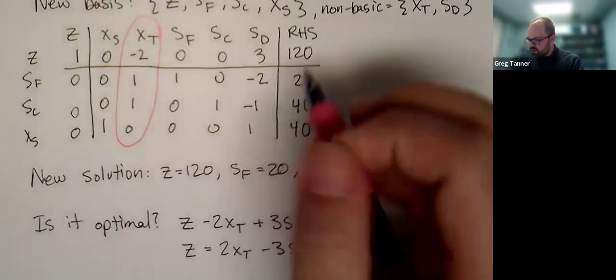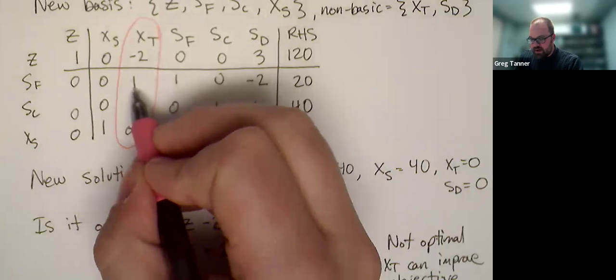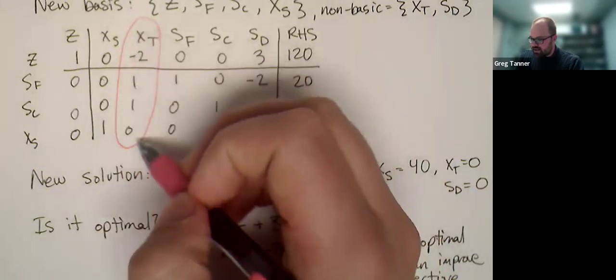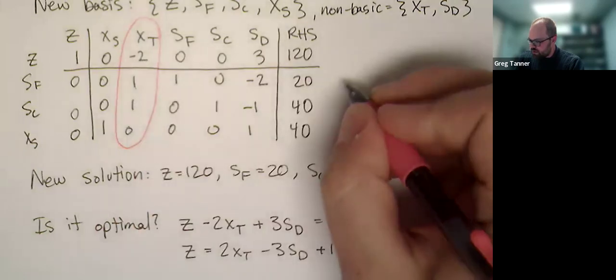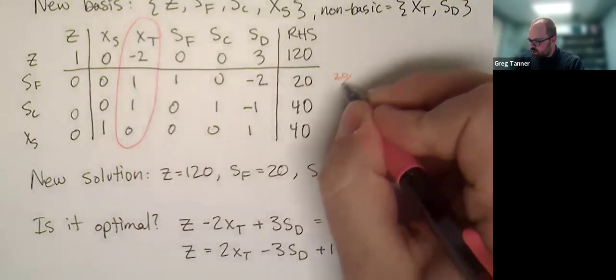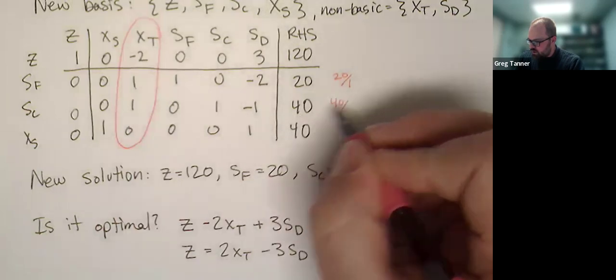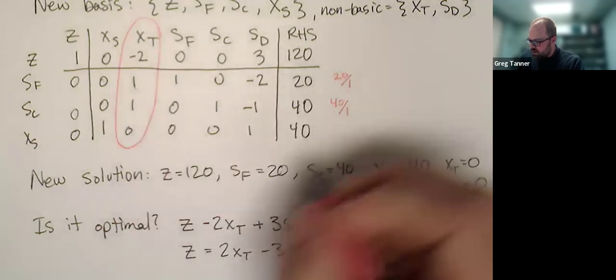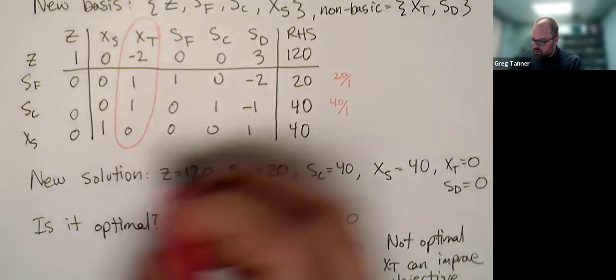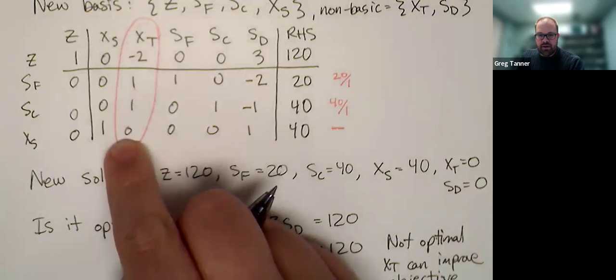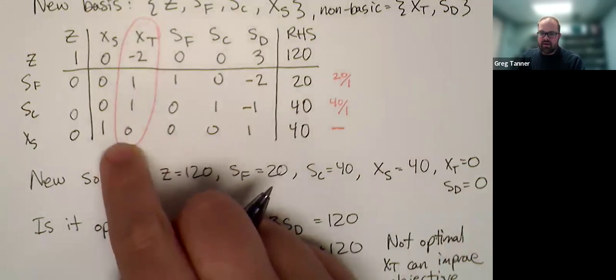We take our right-hand side and divide it by whatever coefficient is in this XT column. So we'll do 20 over 1, 40 over 1, and 40 over 0. If we've got a 0 or a negative value here, we ignore those rows.